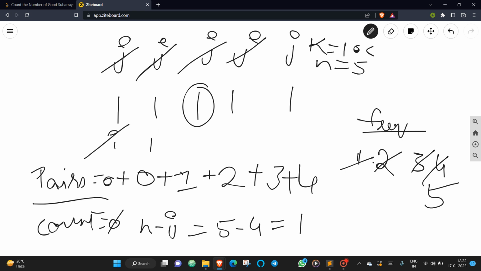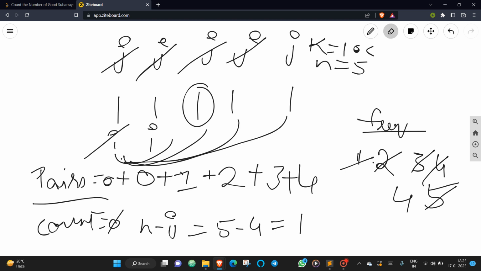Now after incrementing your i, you need to decrease the frequency of that element. Then once the frequency becomes 4, you need to remove all the pairs it is forming with the other elements, because this one is making a pair with this one and this one and this one.